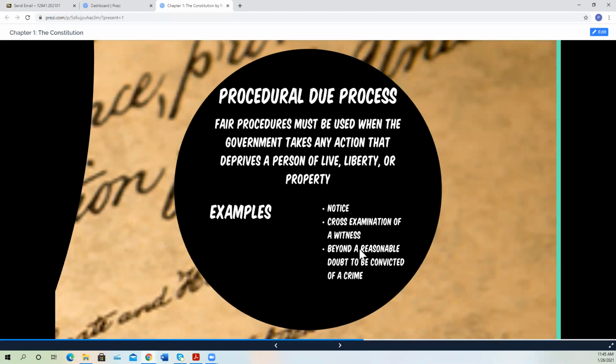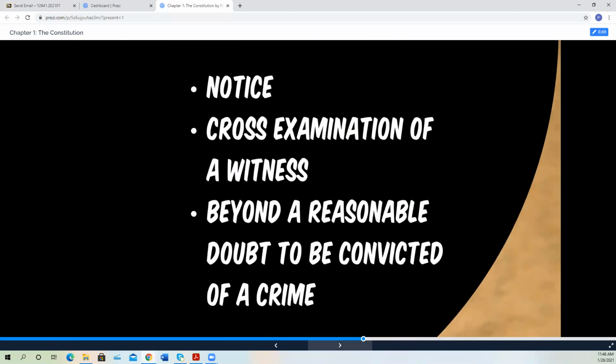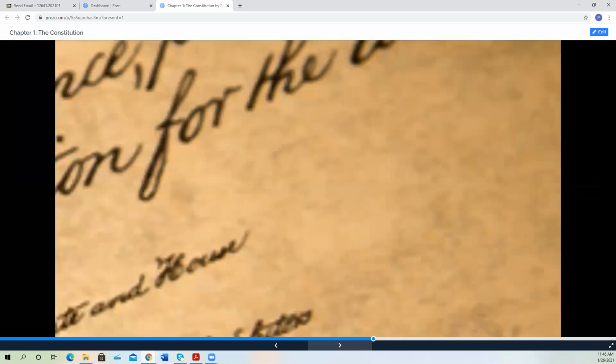And these are just a very small list of a very long list of procedural due processes. So it's the procedures that the state uses when they want to deprive us of life, liberty, or property. And that's procedural due process. It's the fair process the government must use.